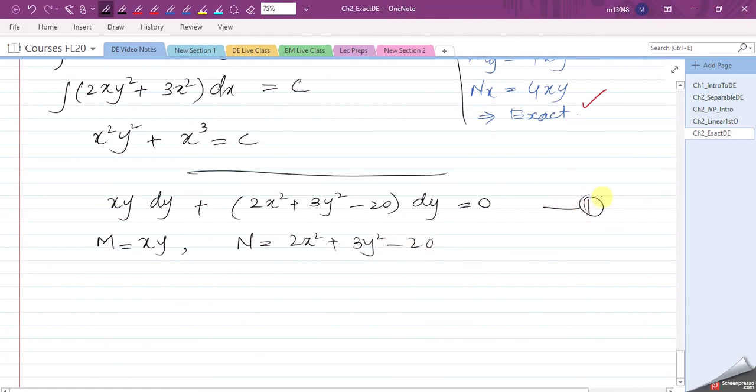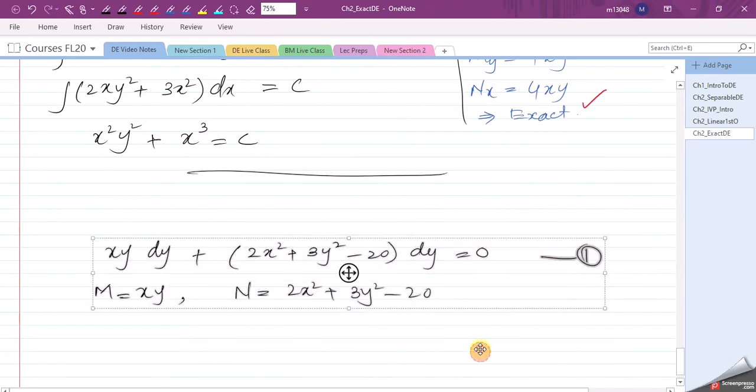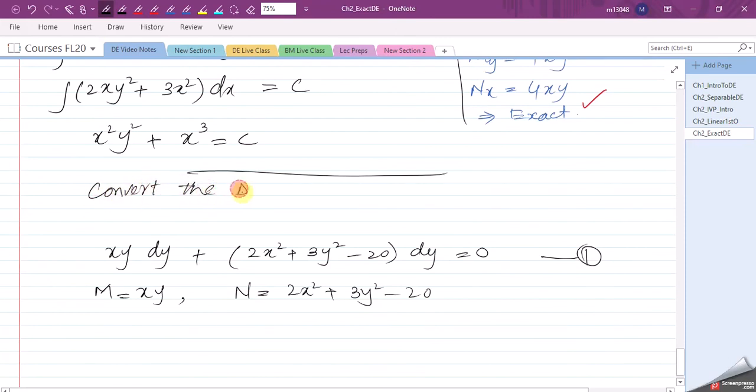Let's call this M. The question is the same: convert and then solve. And I'll add the question here. Convert the differential equation into exact and then solve.